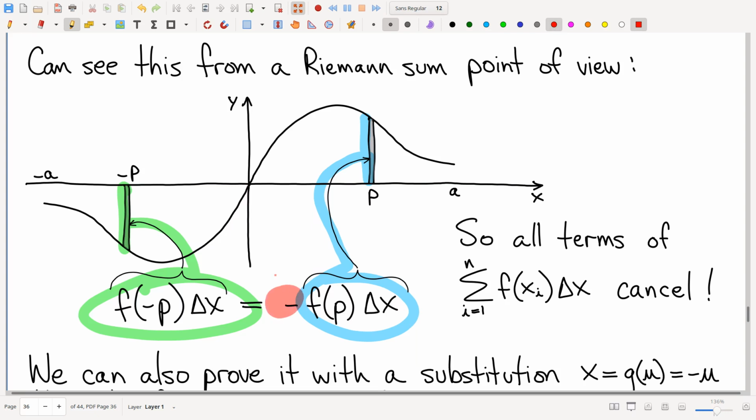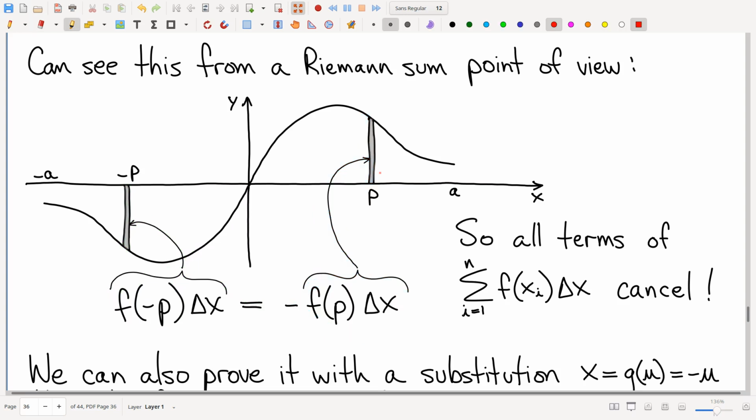They pair up because of the symmetry. We know that any point over here has a corresponding reflected point, reflecting over the origin, because of the symmetry. And they cancel because of the oddness, because of that minus sign. So that's a nice, easy way to see it from a Riemann sum point of view.